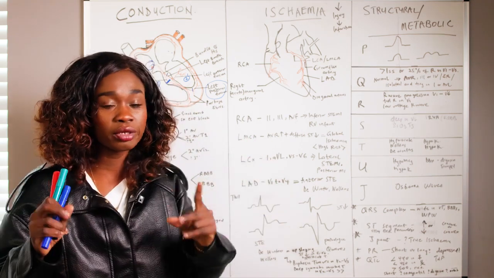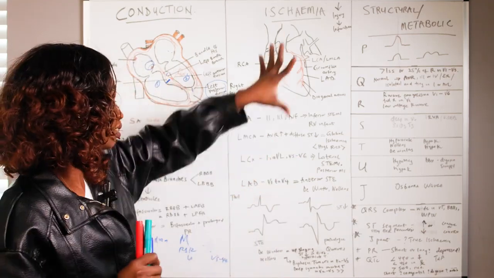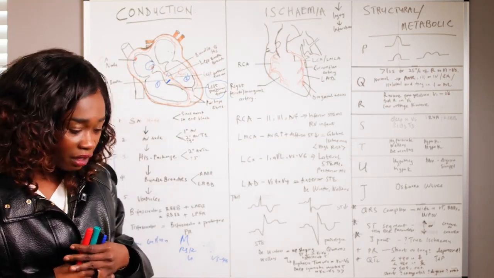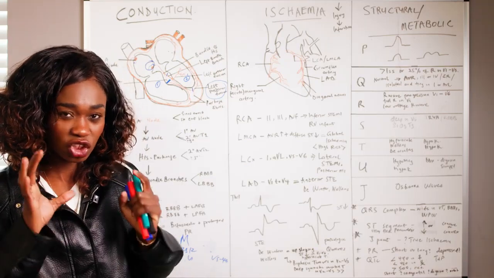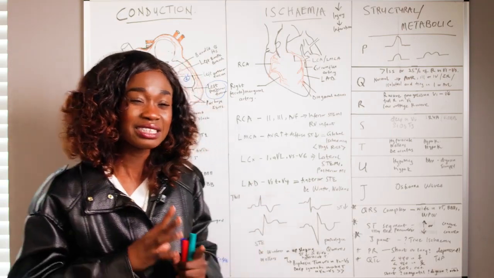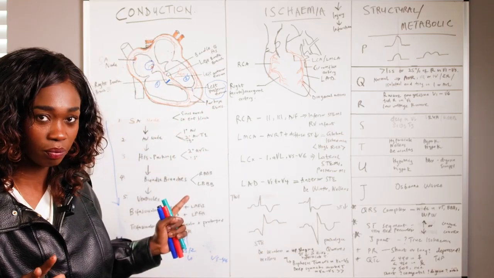So for the expert people in the group, I want to break this down, because it's under ischemia that you have the so-much-dreaded heart attack. If a patient has chest pain that is coming from a heart attack, it's in two broad categories. It's either an acute coronary syndrome or a chronic coronary syndrome.